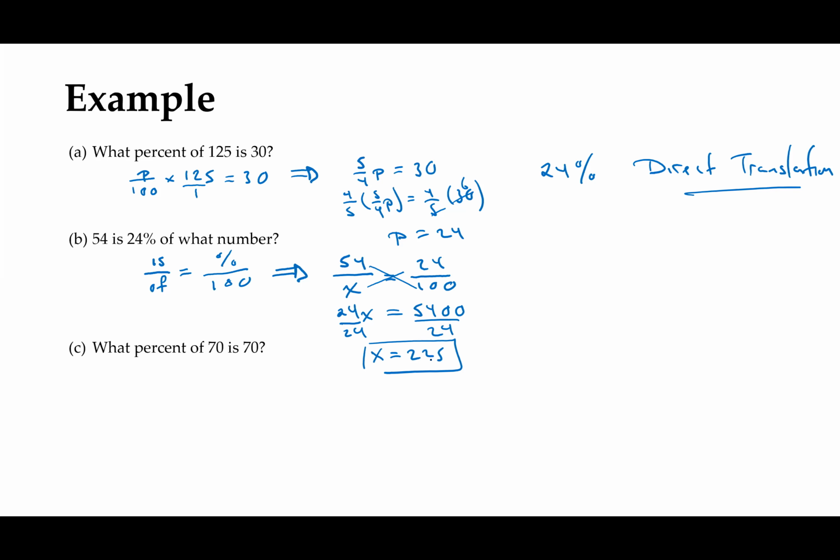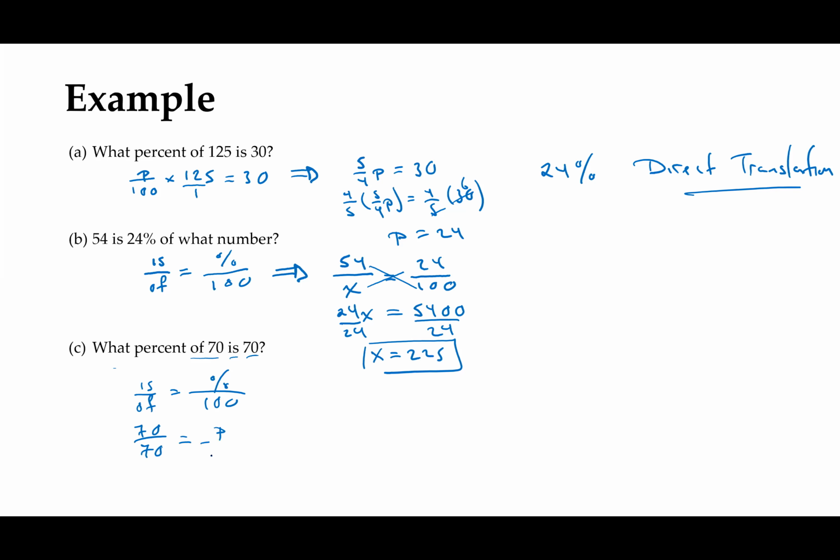How about C? Let's try this proportion again. Is over of equals percent over 100. Well, what's my is? What's 70? What's my of? What percent of 70? Equals, and I'm looking for the percent, right? What percent?